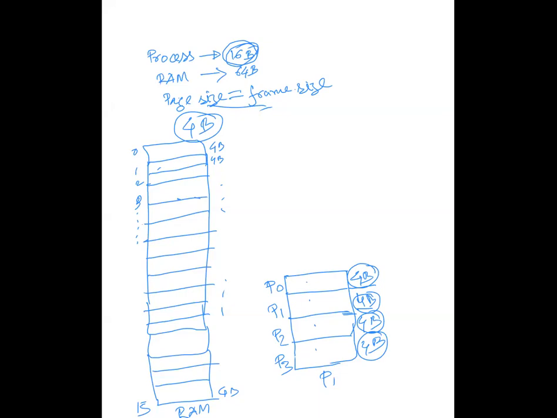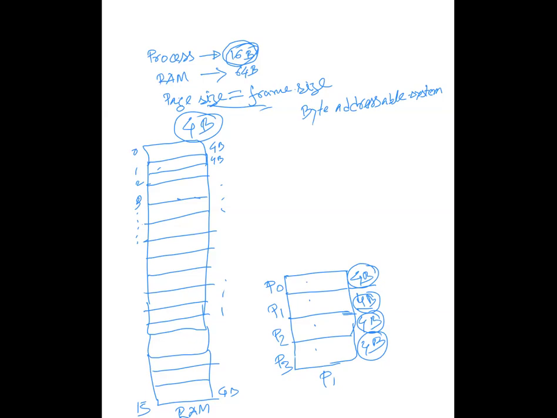Now let's consider one more thing: let's say this is a byte addressable system. We already know what a byte addressable system is. Byte addressable means that every byte in your memory, or in your process, has its unique address.